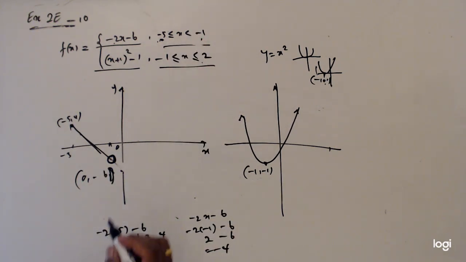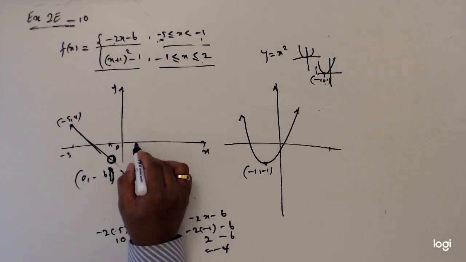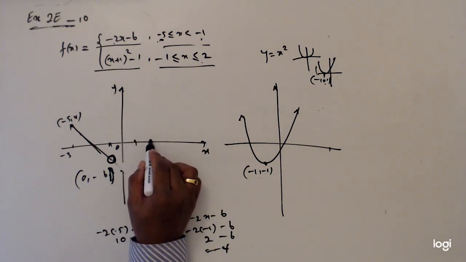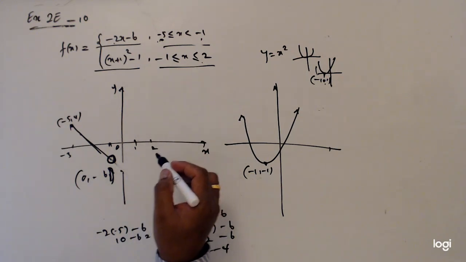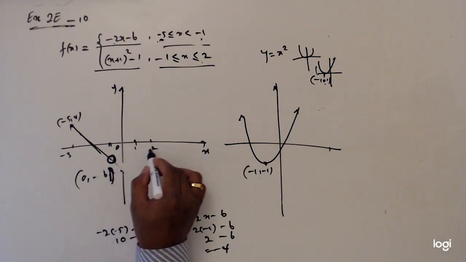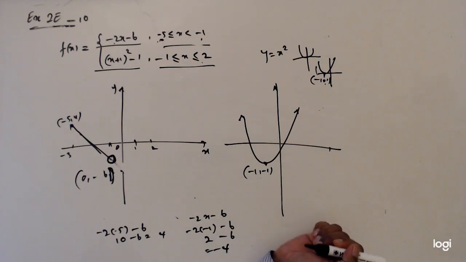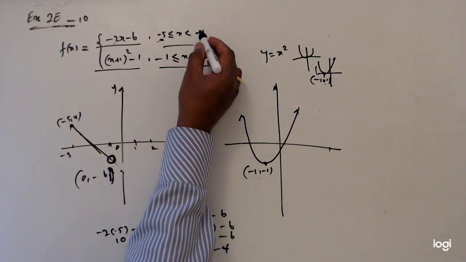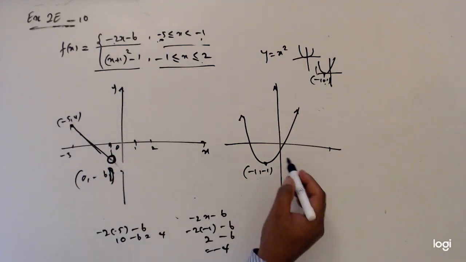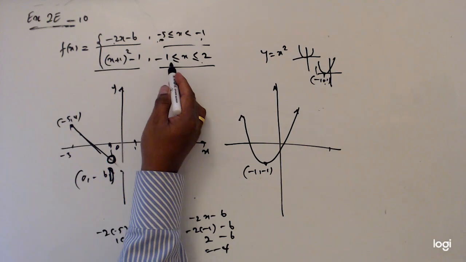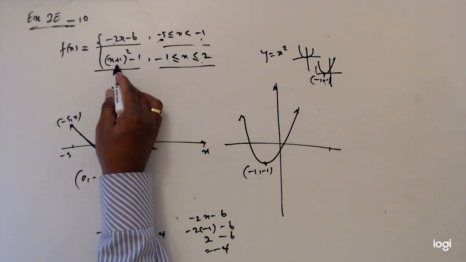Now from minus 1 to 2. From here to here, it's going to be this graph. So this graph ends up with minus 1. Now we'll see that when x equal minus 1, what is this value?